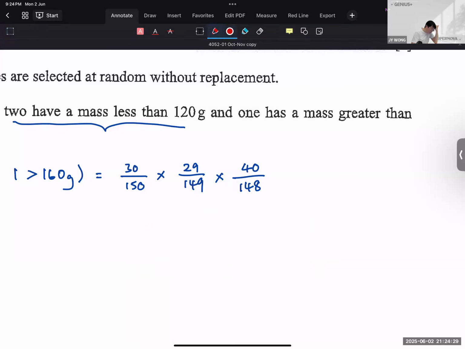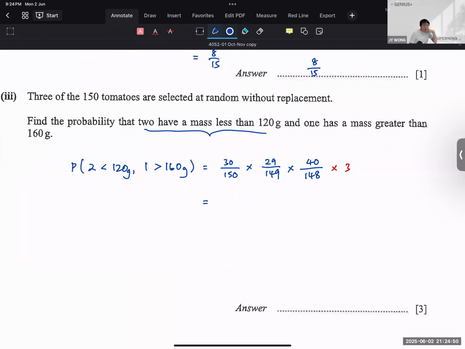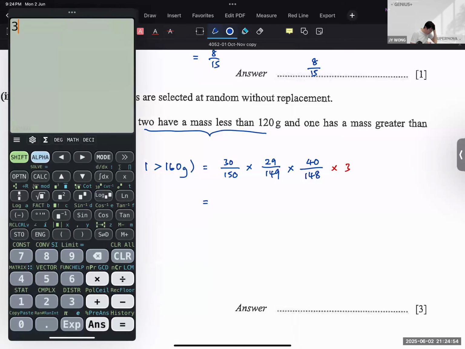Basically, that's what I'm trying to tell you. For the sequencing of the tomatoes, there are 3 ways in which the scenario can possibly happen. You pick A first, or you pick B first, or you pick C first. So for this kind of scenario, you always need to remember the times 3 when you're picking 3 things.